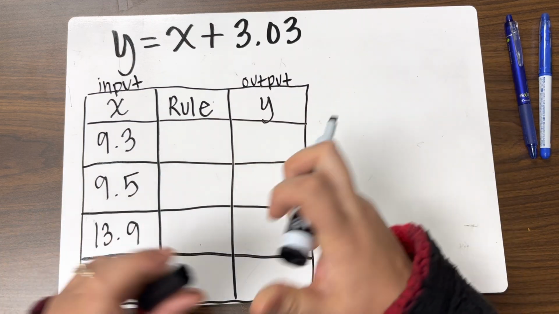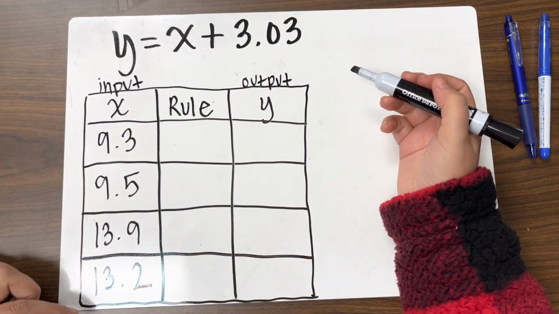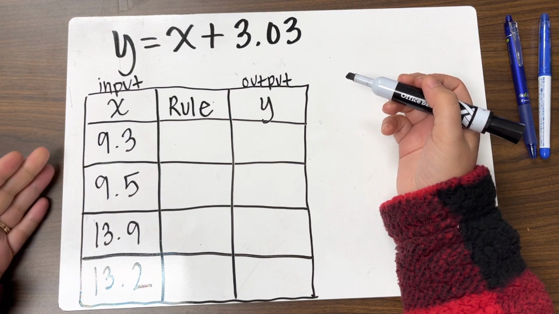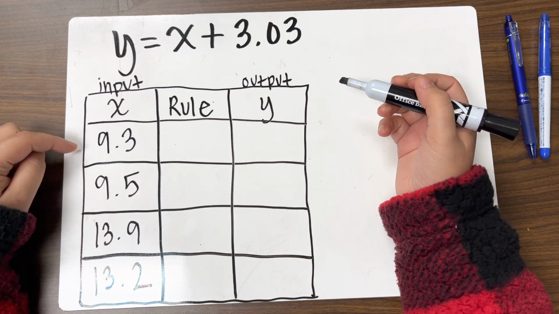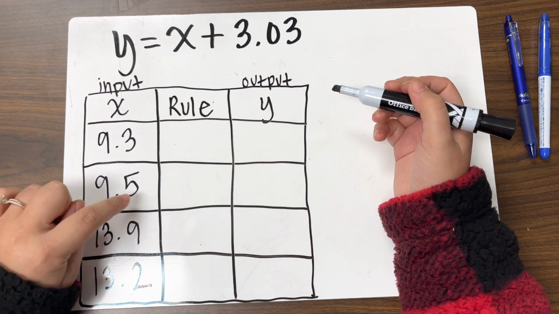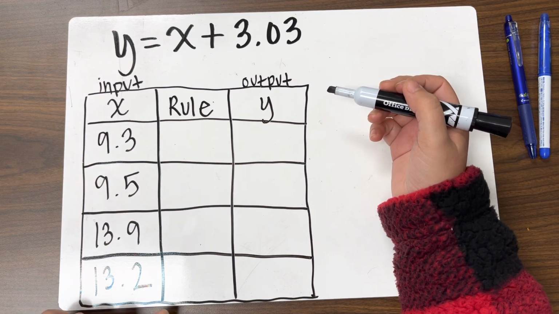If you notice, my input can be any numbers that either they give us or you can create yourself. For this example, we have 9 and 3/10, 9 and 5/10, 13 and 9/10, 13 and 2/10.